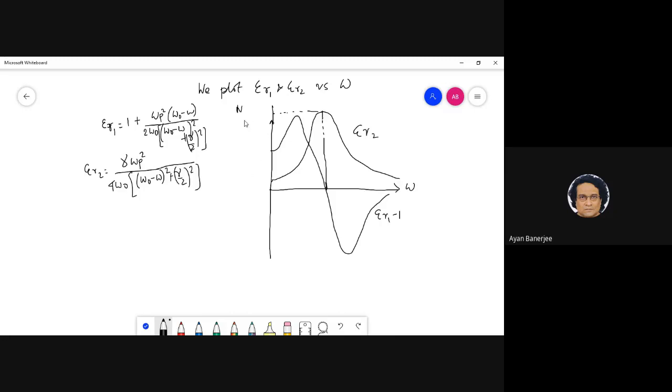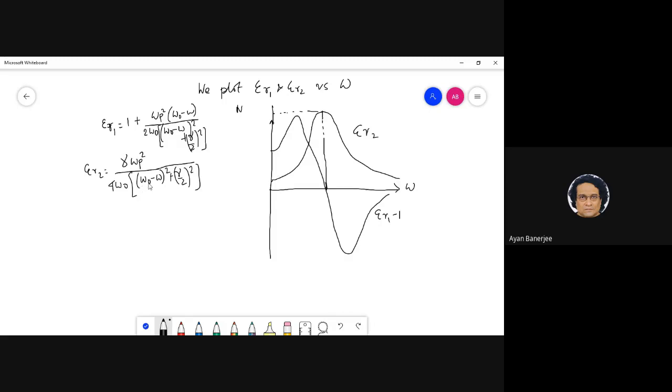If I again do that trick of looking at omega 0 close to omega, then this one is simple. This resonance happens at omega 0 equal to omega. You can see there is no omega term here. Epsilon R1 minus 1 is 0, no doubt.